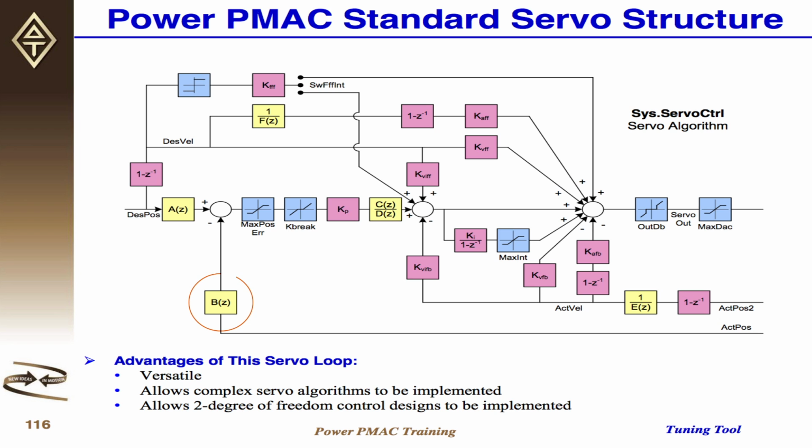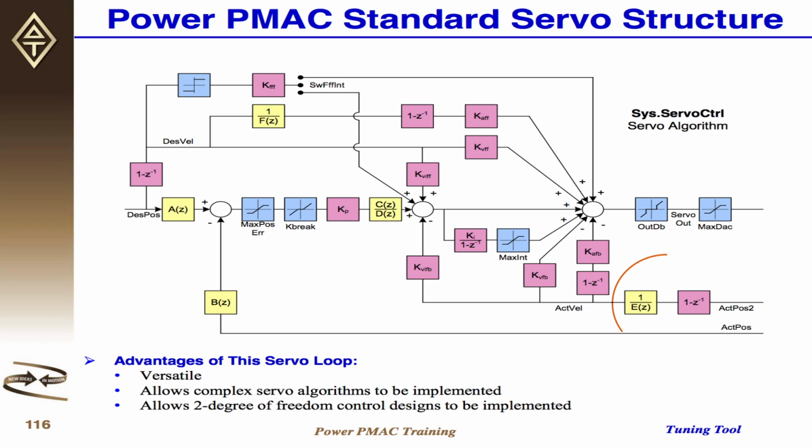And more importantly, these C, D, A, B polynomial filters are 7th order. Essentially, this allows us to implement like 3 notches if you have 3 resonances, or a 7th order low pass filter if there's a need, or a combination of both.